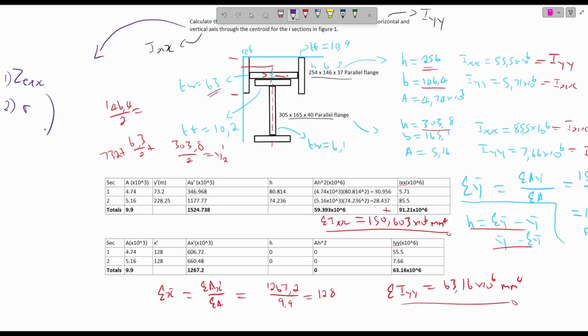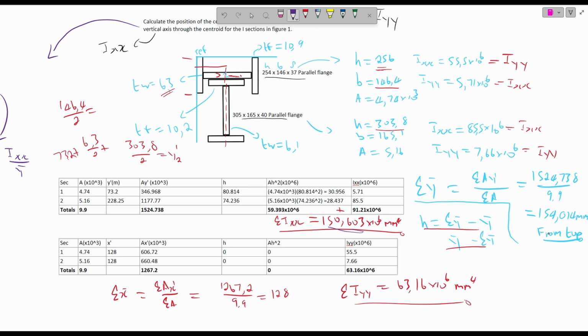For your elastic section modulus, you'll use this equation, which is Ixx over y bar. The Ixx that you're going to use will be this one, the total Ixx, and then the y bar will be this one.